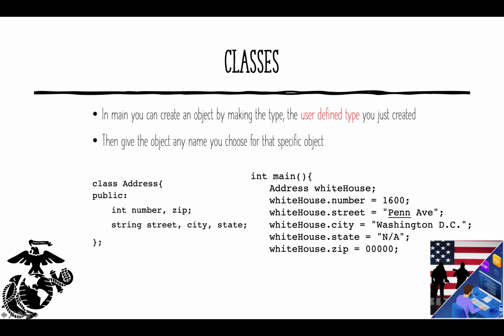And all of those are part of this specific whiteHouse object. And of course, number, street, city, state, zip are all member variables of Address. So that is essentially what a class is. It's a way to put a whole slew of member variables and attach all those variables together with some functionality, with methods and functions, and encapsulate all of that into an object here.